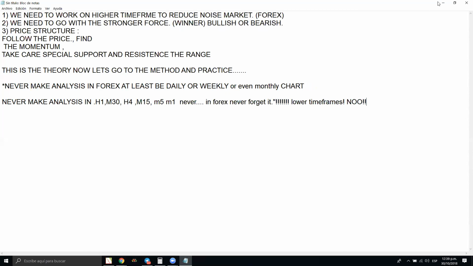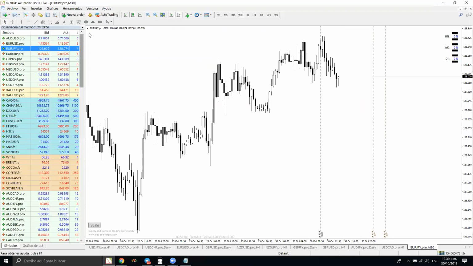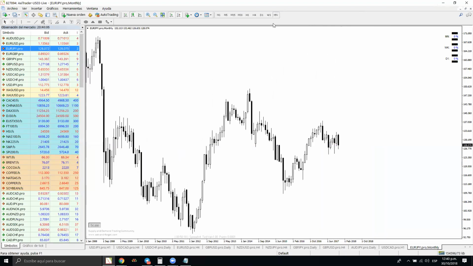Okay, so let's change to this example. This is Euro-Yen. We're going to begin. The first thing that I personally do is go to monthly. I begin all my analysis in monthly.